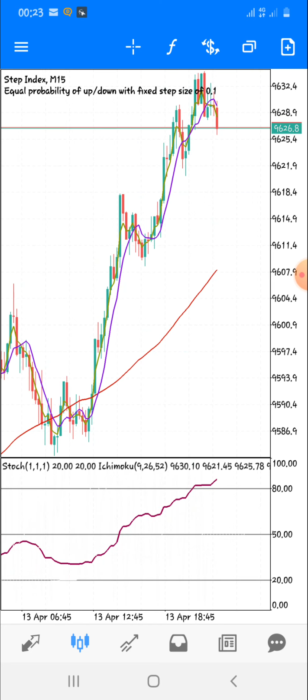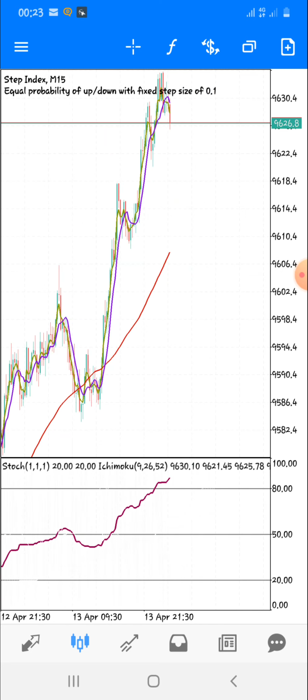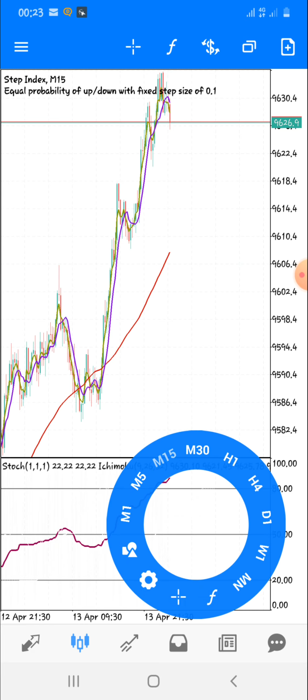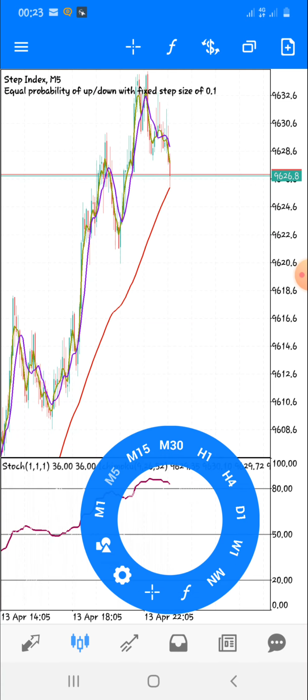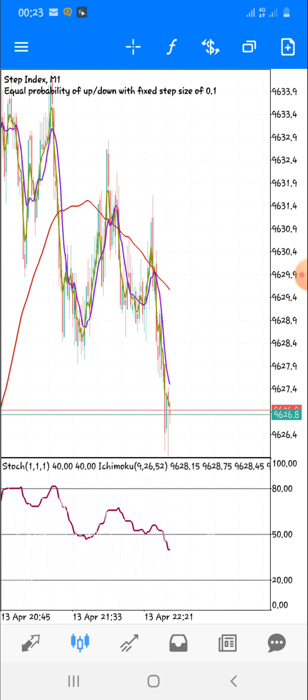So that's how we utilize our strategy. I advise you to use the 5 minutes and the 15 minutes time frame, because most of the time the spikes can hit you harder on the 1 minute time frame.